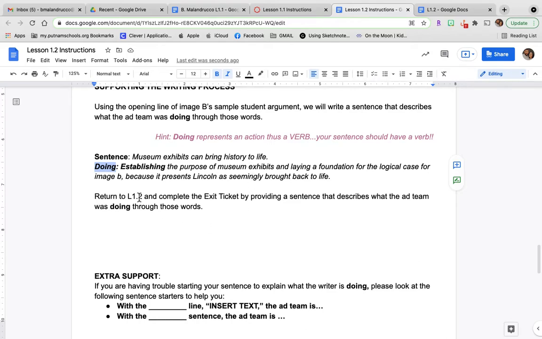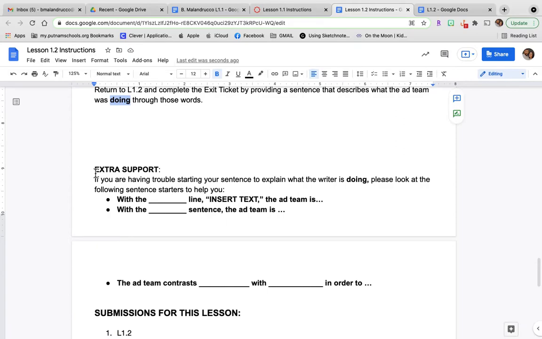So, return to L1.2 and complete the exit ticket by providing a sentence that describes what the ad team was doing through those words. I have some extra support if this seems difficult. If you are having trouble starting your sentence to explain what the writer is doing, please look at the following sentence starters to help you. Please read these and reread them once you put words in them.